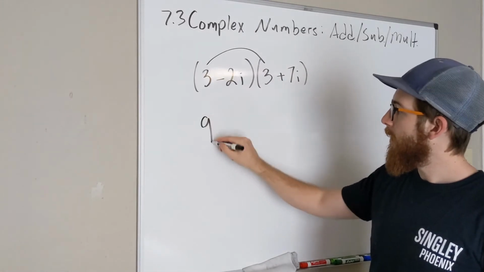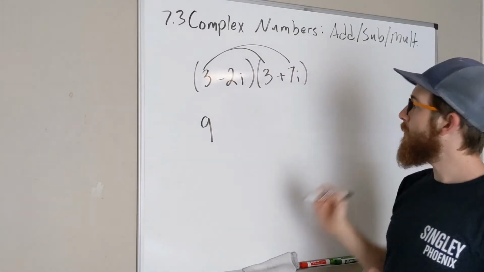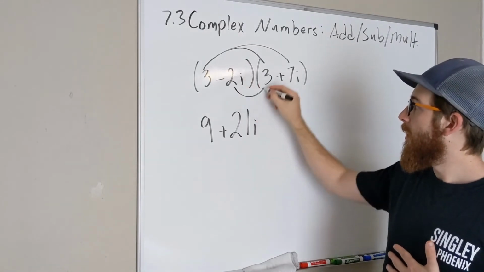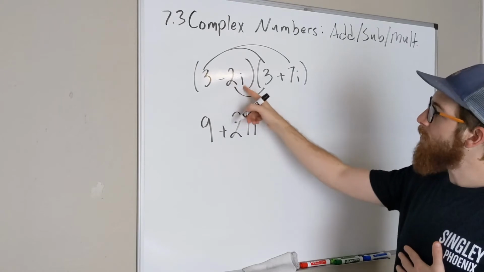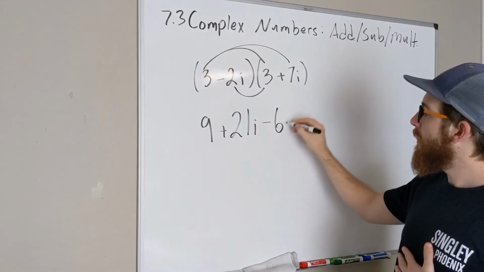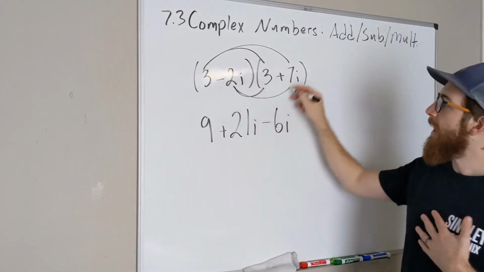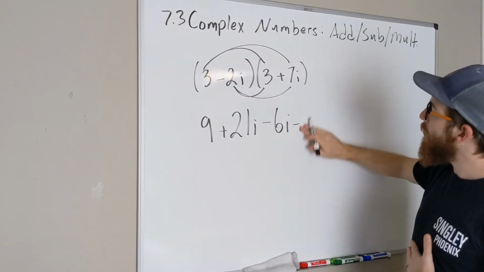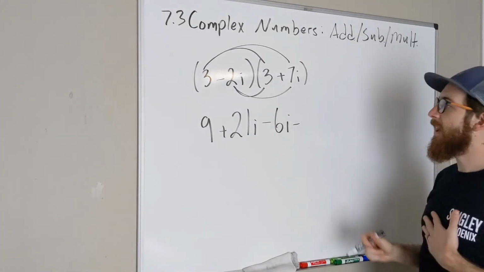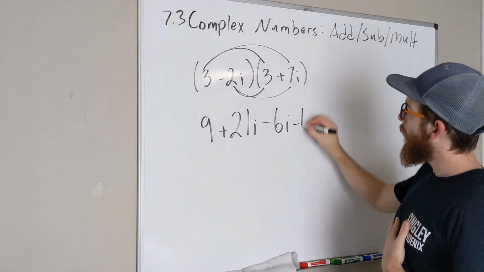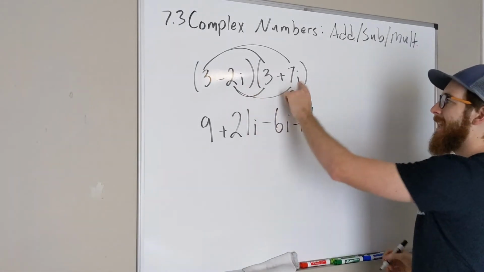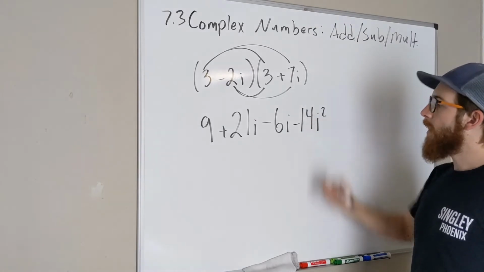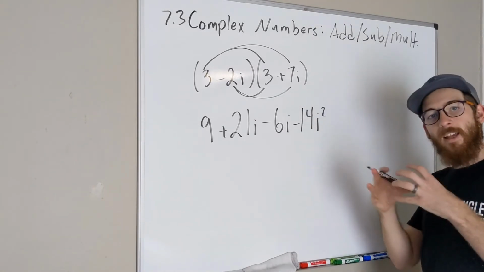So 3 times 3, 9. 3 times 7i, 21i. Negative 2i times 3, negative 6i. Negative 2i times 7i is negative 14. But what is i times i? i squared. Okay, so now we have to combine like terms.